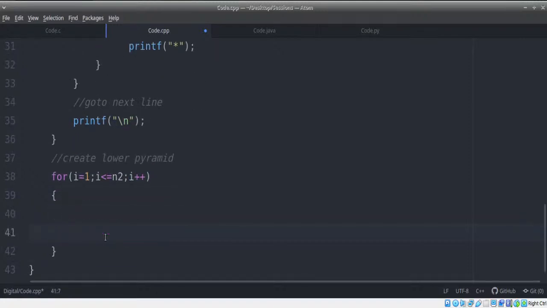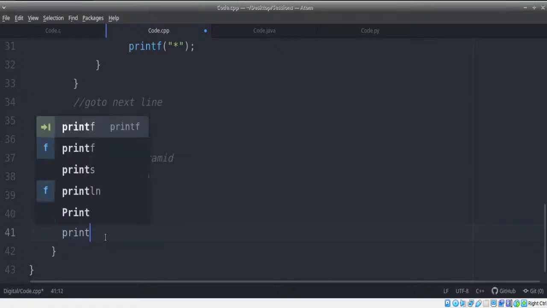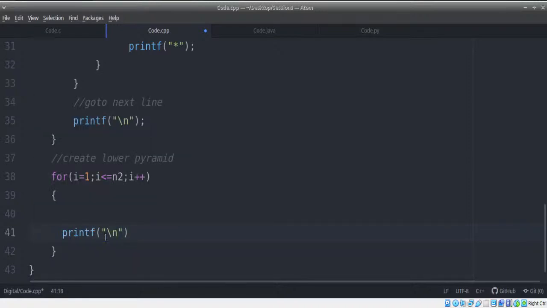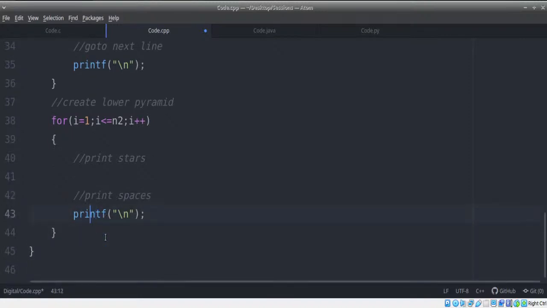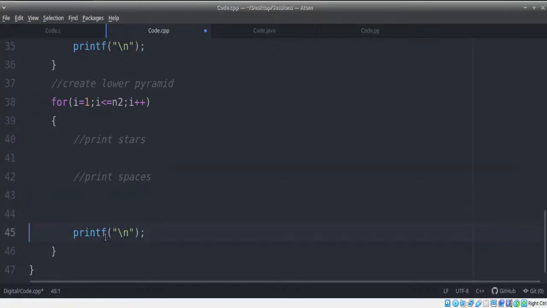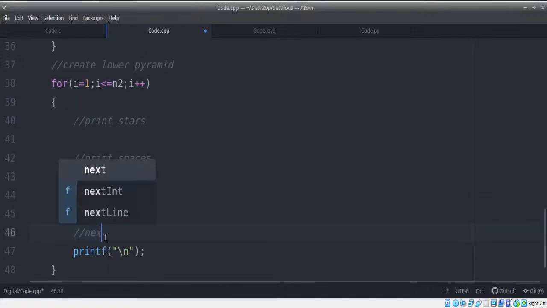So the first thing is print slash n. This is to go to the next line. But before we go to the next line, we need to do a certain set of things. Please remember, first print stars, then print spaces, and finally print stars again, then go to the next line.